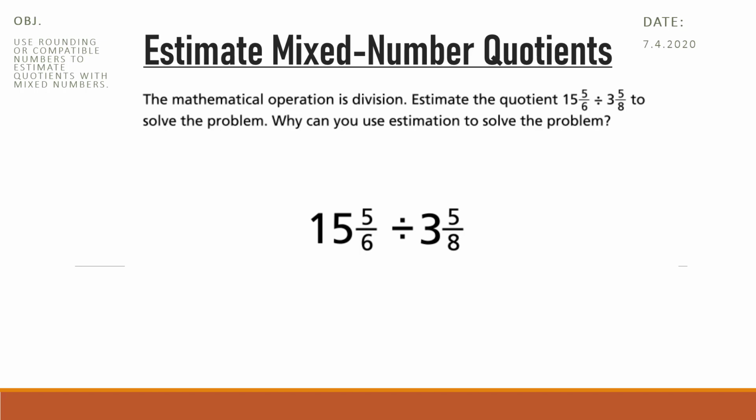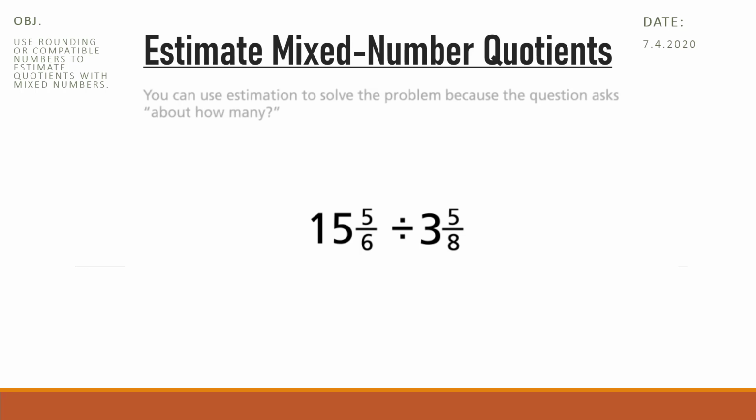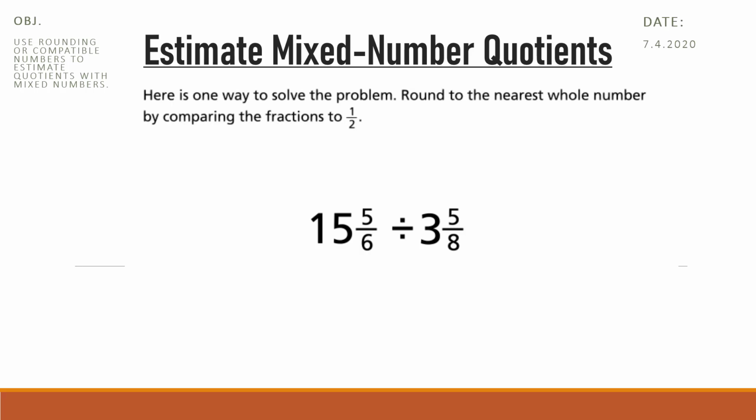Why can you use estimation to solve the problem? You can use estimation to solve the problem because the question asks about how many. Here is one way to solve the problem. Round to the nearest whole number by comparing the fractions to 1/2.